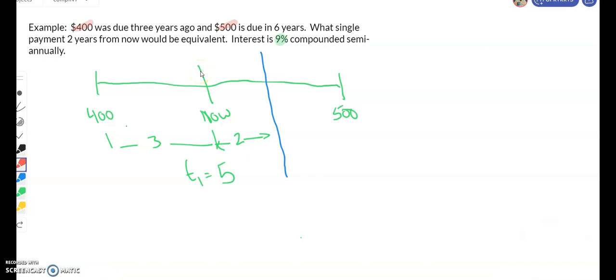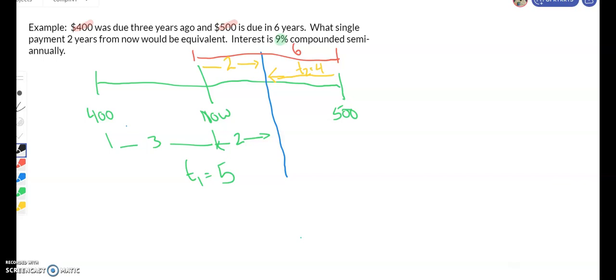We also have to realize that it was 6 years from now until we actually made the payment, but it was 2 years from now to when the equivalent payment was going to be made. Therefore, this time period here, our T2, is 4 years, because the money's only moving for 4 years.